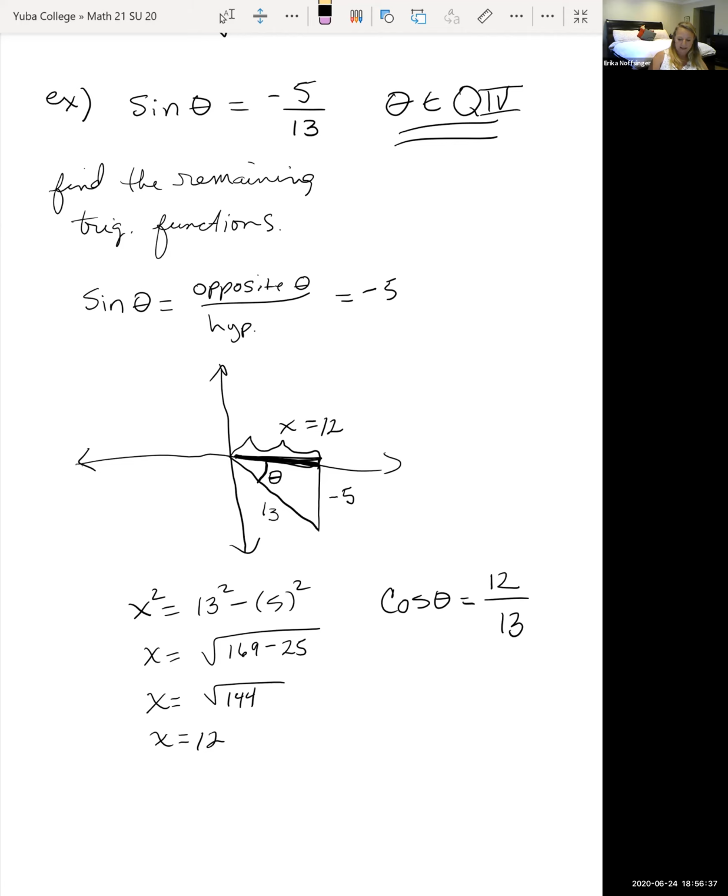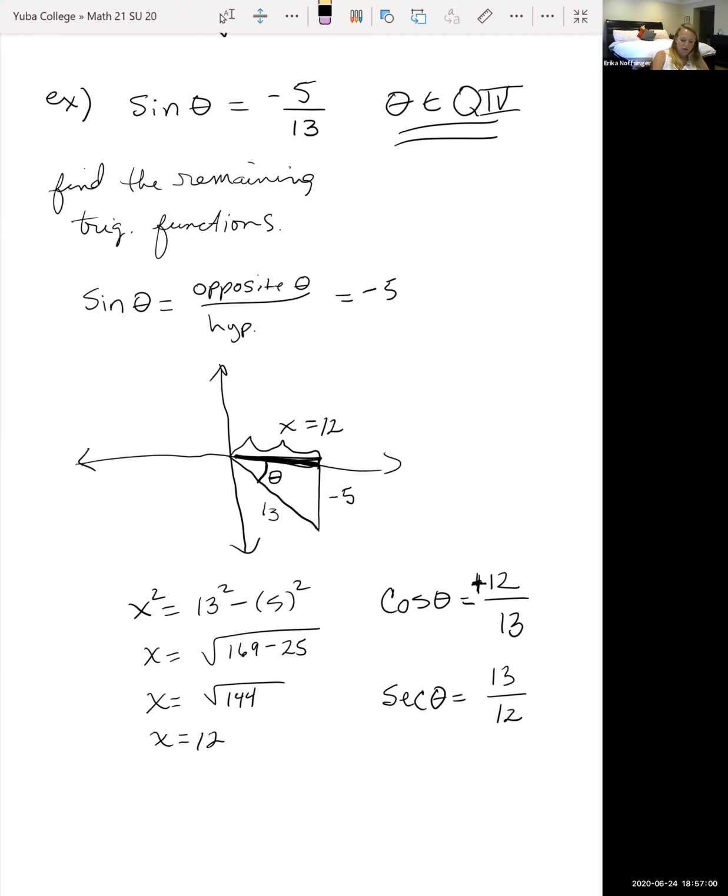Cosine is positive. I don't have to put the positive, but I'm going to just to emphasize that it's positive in quadrant 4. And then I know that the reciprocal function, which is secant, would be 13 over 12, and it's also positive.